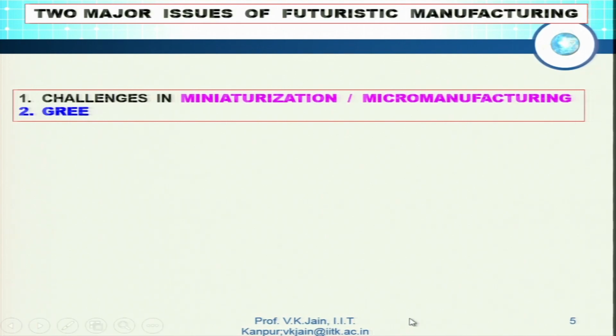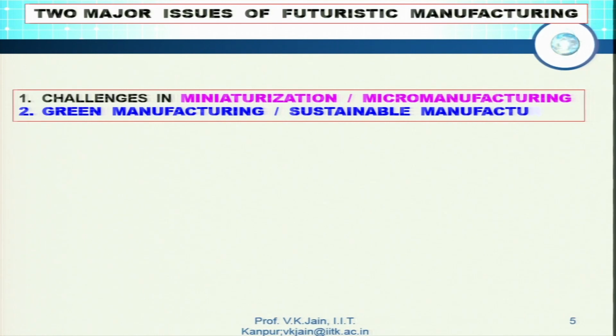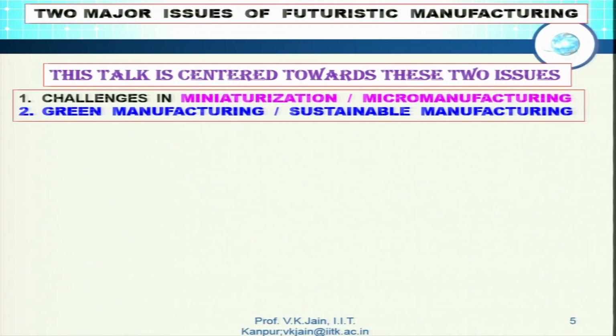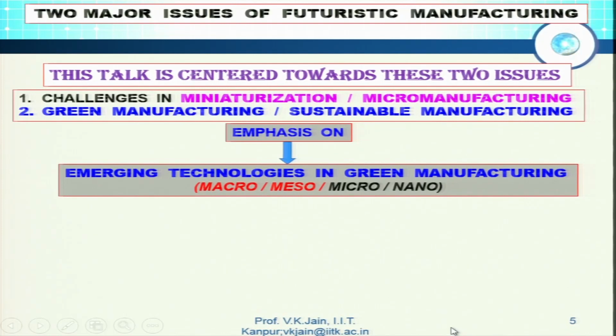First one is challenges in miniaturization, micro manufacturing, and second is green manufacturing or sustainable manufacturing. This talk is centered towards these 2 issues, and emphasis will be on engineering technologies in green manufacturing, macro, meso, micro, nano. So I will not be centering just only on micro, it will include all the 4.